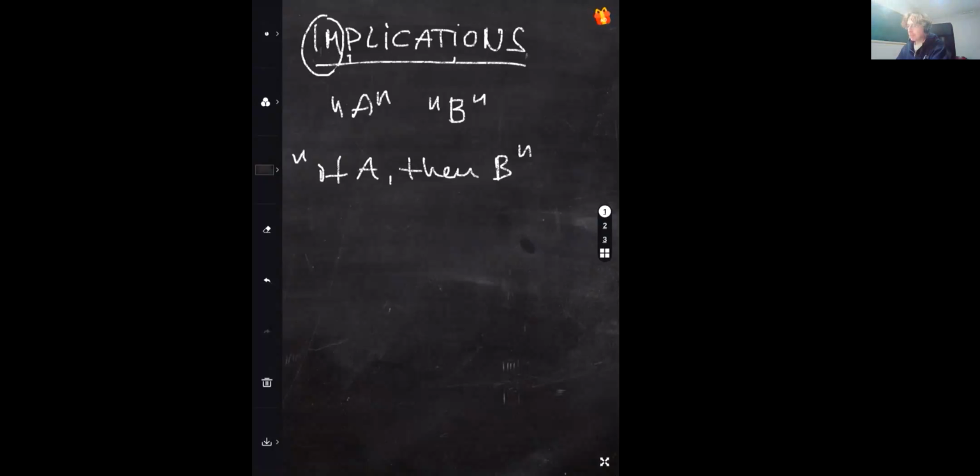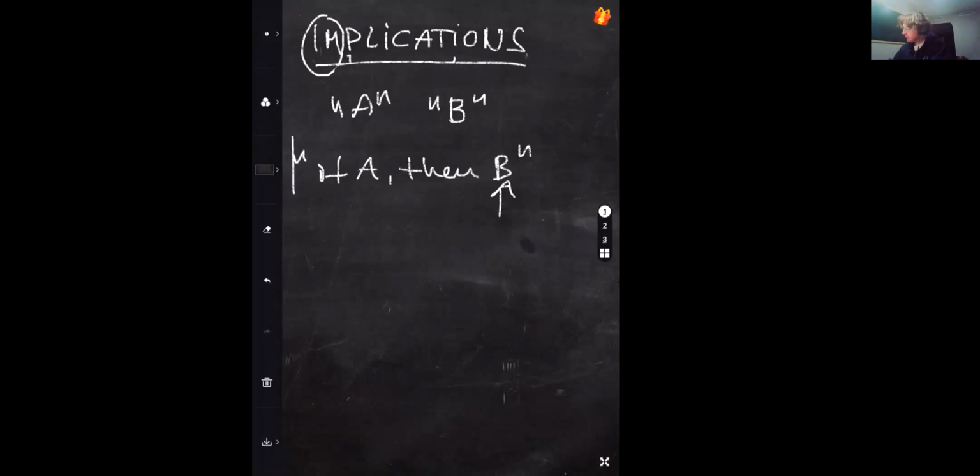Okay. What this means depends on whether A is true or false. If A is true, then "if A, then B" is true when B is true, and false when B is false. You see that, right?